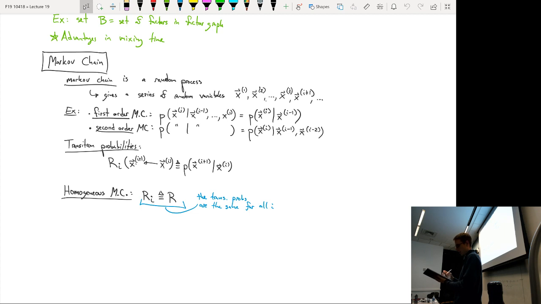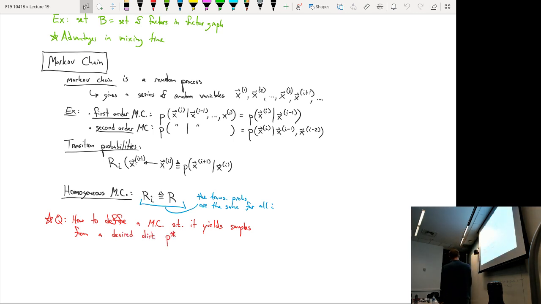So the key question here is how to define a Markov chain such that it yields samples from a desired distribution. And let's call that desired distribution some P star. So this is our key question.